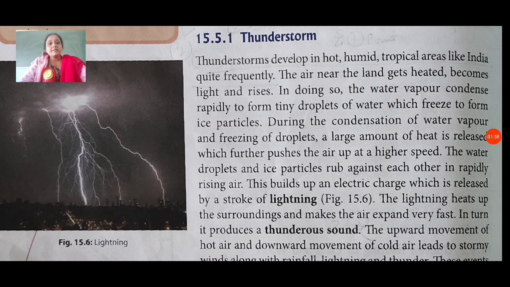The lightning heats up the surroundings and makes the air expand very fast. In our previous session we discussed that when we heat the air, it will expand and occupy more space. In turn, it produces a thunderbolt sound.